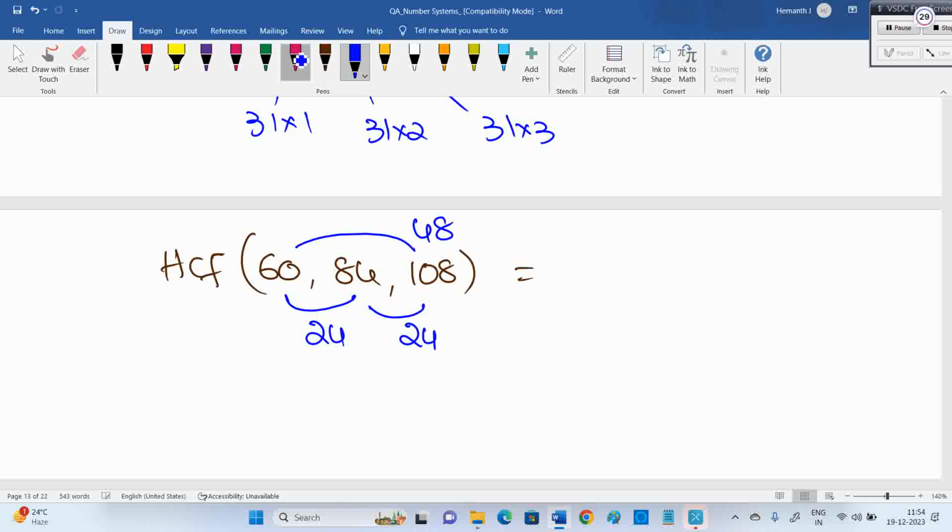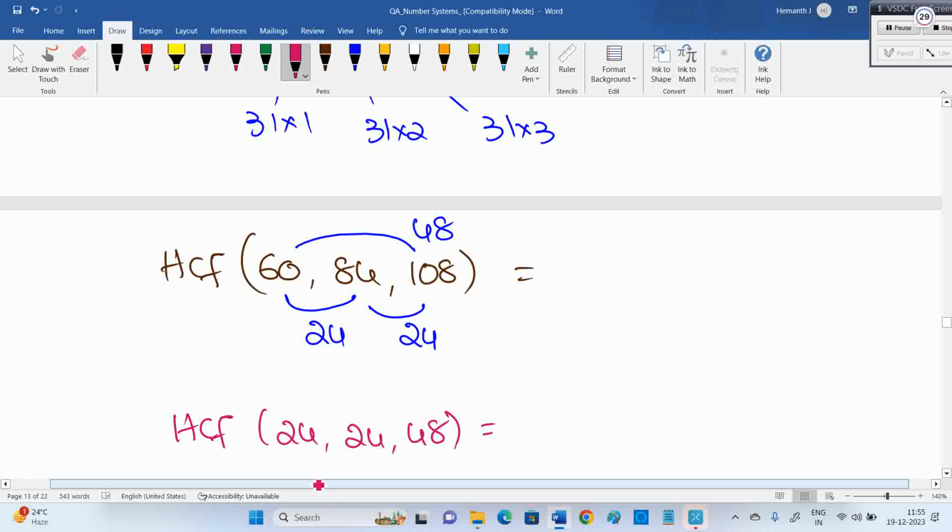Then I said, calculate the HCF for the differences 24, 24 and 48. Is this a multiple of 24? Yes. This is also a multiple of 24. So for 24, 24, 48, the HCF is 24 only.